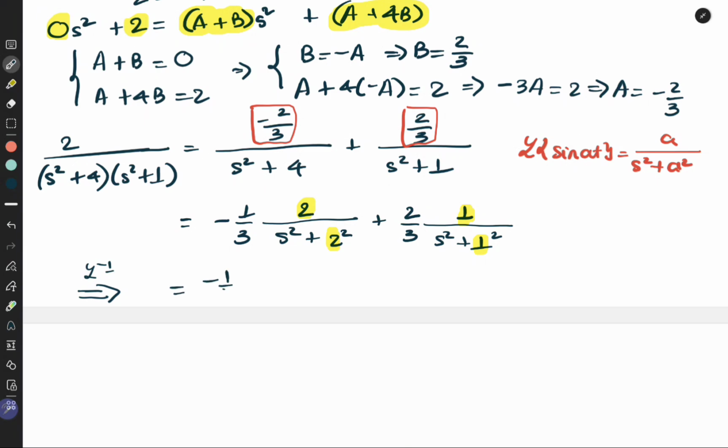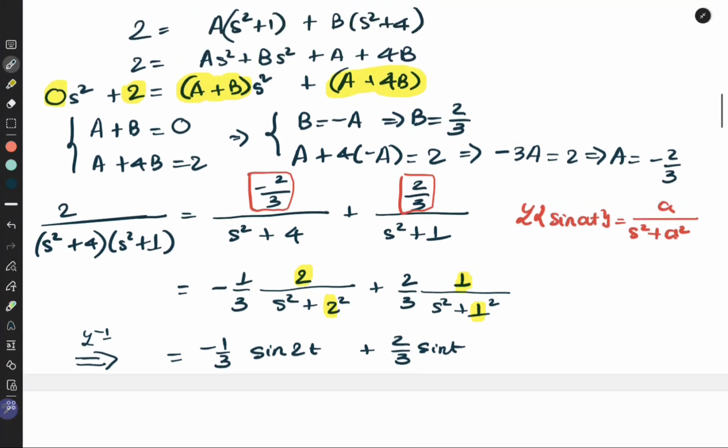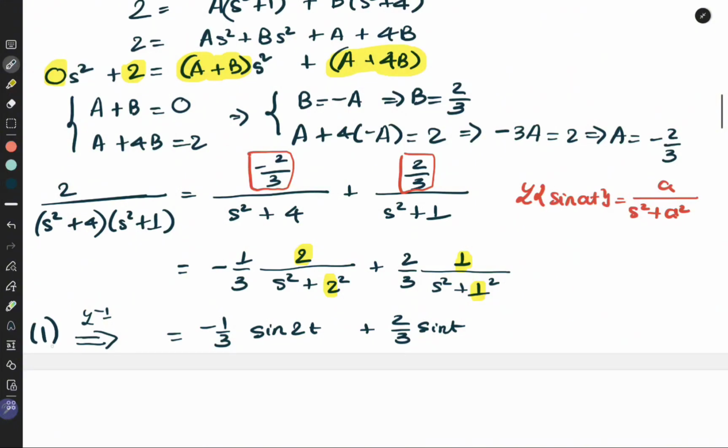Which is negative 1 over 3 sine of 2t plus 2 over 3 sine of t. So the first fraction, number 1, gives me that.